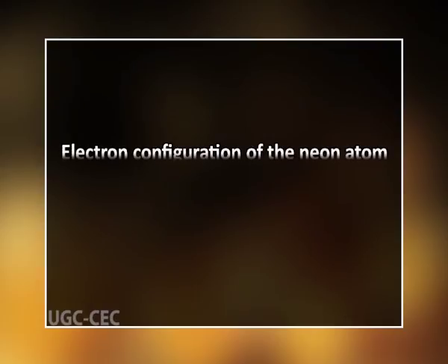For example, the electron configuration of the neon atom is 1s2, 2s2, 2p6. Electronic configurations describe electrons as each moving independently in an orbital in an average field created by all other orbitals. Mathematically, configurations are described by Slater determinants or configuration state functions.